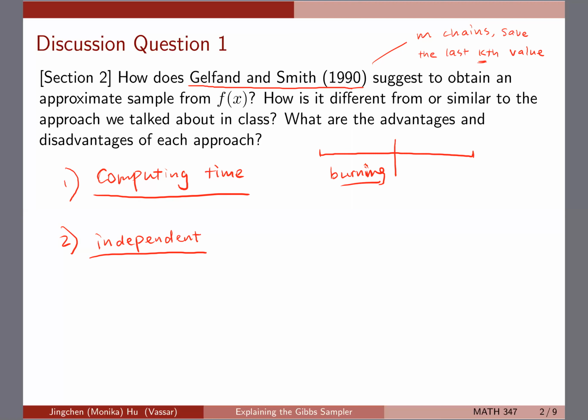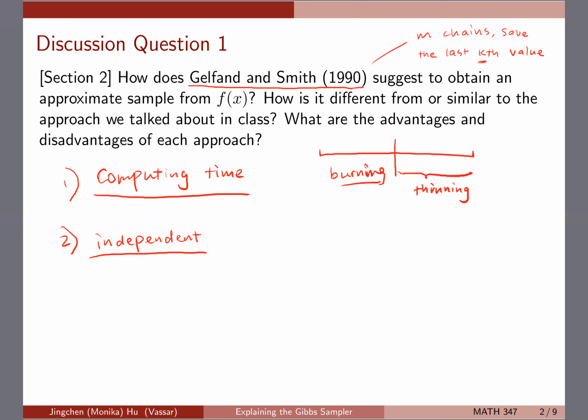So we do burn in, and even among the ones that we don't burn in, we also do something called thinning. Remember, trying to get rid of the autocorrelation among the draws. Okay, so what they do is they run m different chains, and they only save the last one. So you will be more independent in some sense, so that you don't even need to do the thinning. You don't even need to look at the autocorrelation functions to get them. So I guess that's the differences and similarities.